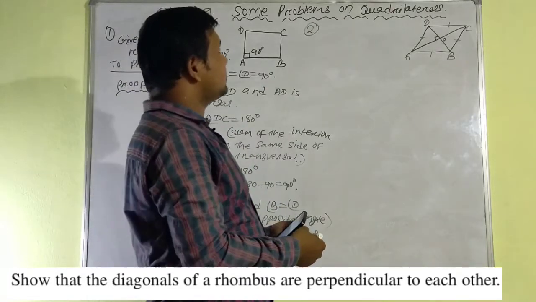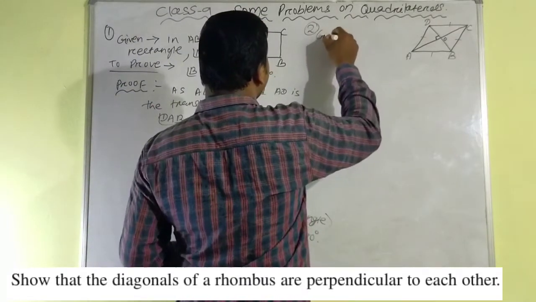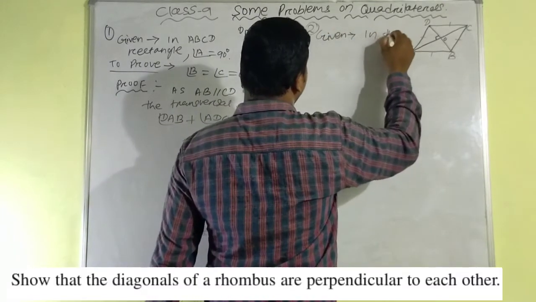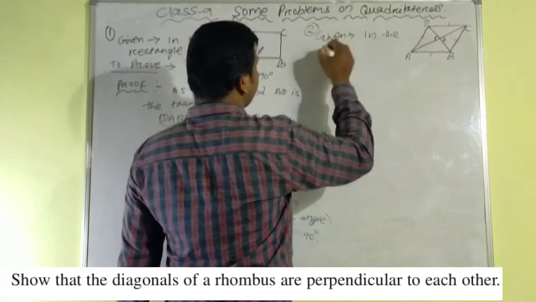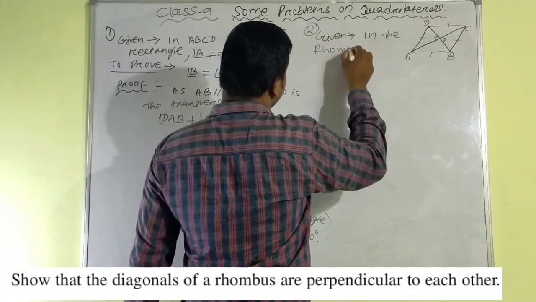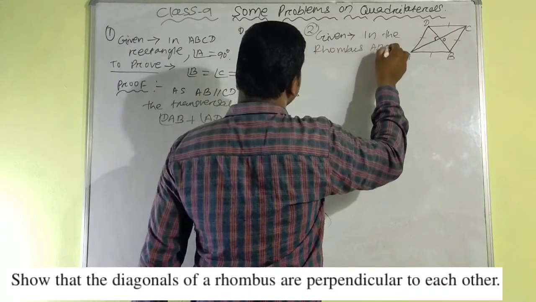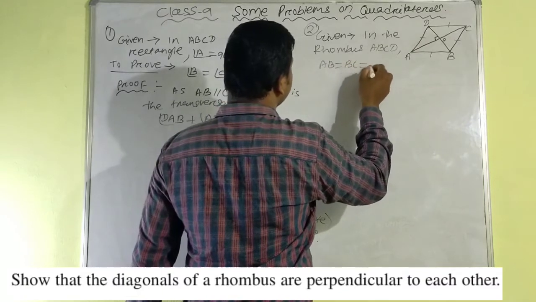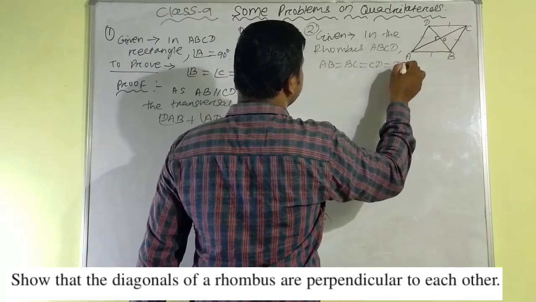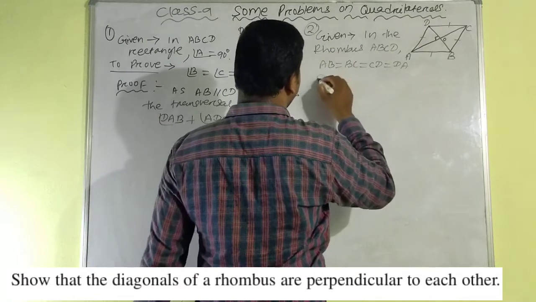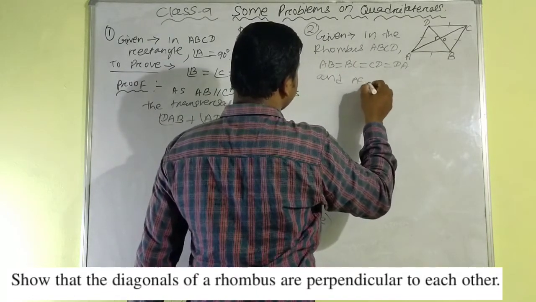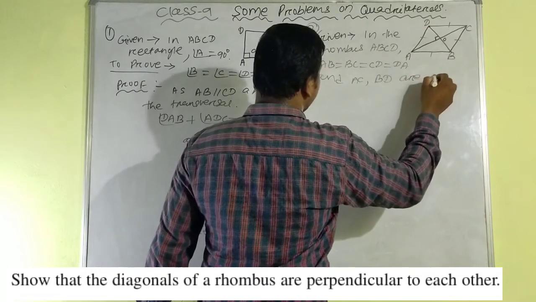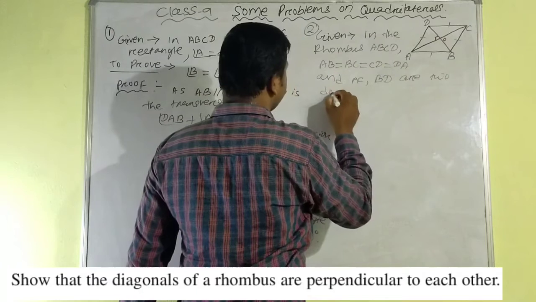Okay, so let us start with the given. Write here: in rhombus ABCD, we will write AB equal to BC equal to CD equal to DA, and AC and BD are two diagonals.